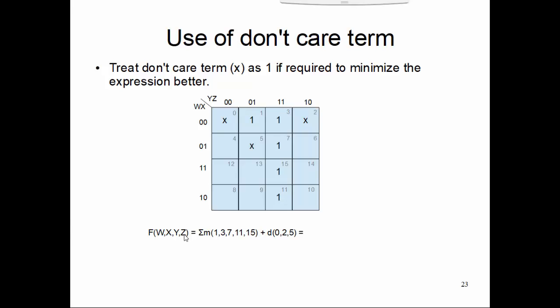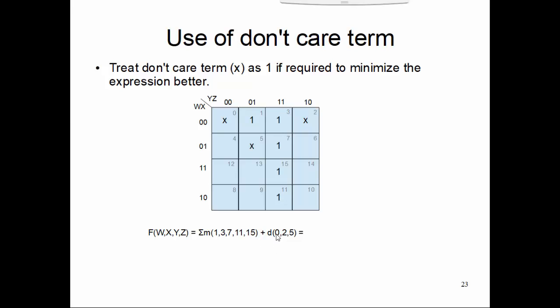Okay, and we may call it a don't care term and write those don't care terms in the form of d and then the minterms. So what essentially this means: the digital circuit solving a certain problem came up with some SOP expression, and it is also saying that during the lifetime of operation of that digital circuit, the binary values related to those minterms 0, 2 and 5 will not occur.